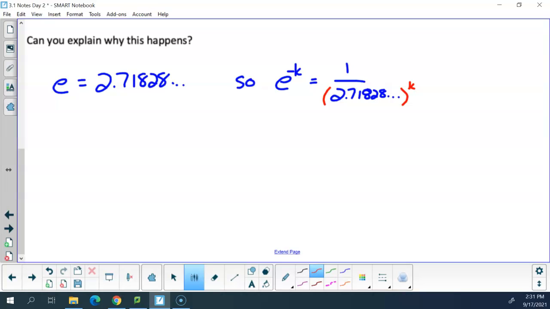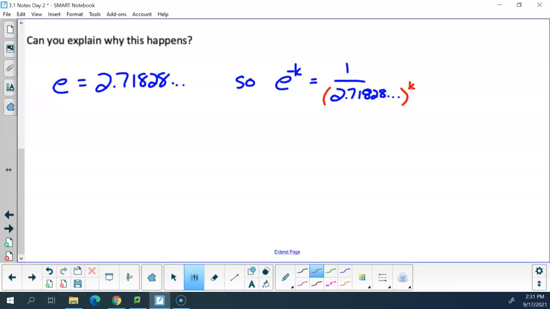So if k is negative, it's exponentially growing in the denominator, whereas if k is positive, it's exponentially growing in the numerator, which is the difference between growth and decay. Okay.